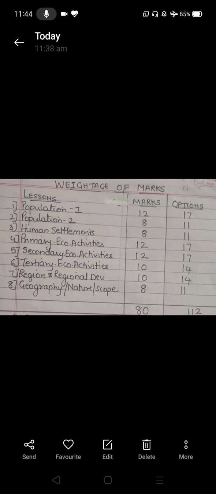In options, we can give these many marks which can be allocated to all these lessons. Secondary economic activities from 12 marks to 17 marks. Tertiary economic activities from 10 marks to 14 marks. Region and regional development from 10 to 14 marks. Geography, nature and scope from 8 to 11 marks. So in options, it comes up to 112 marks.